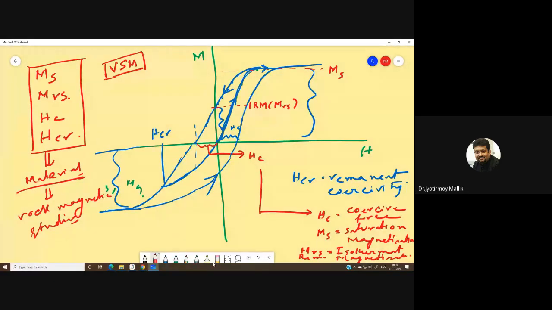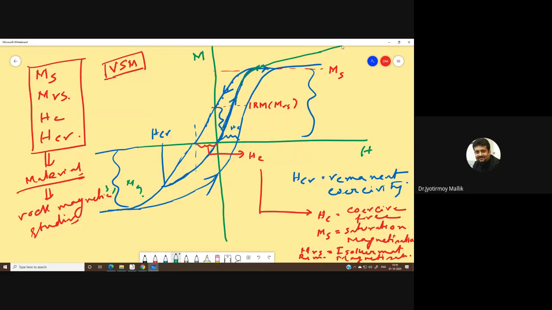Now, sometimes what you observe is that this particular curve never gets flattened, never gets saturated. It gets somehow saturated, and then it becomes low slope. So high slope and then low slope, and it will continue forever.